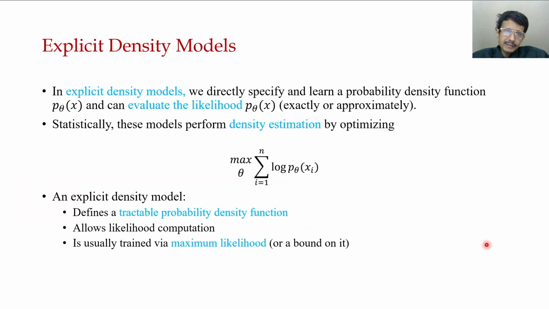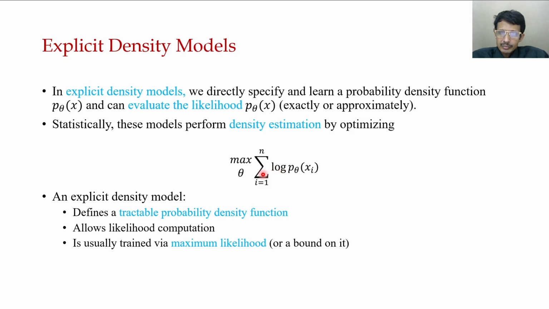We start with explicit density models. In explicit density models, we directly specify and learn the probability density function p theta of x, and can evaluate the likelihood p theta of x exactly or approximately. So statistically, what we have seen in density estimation, we are going to maximize this likelihood.